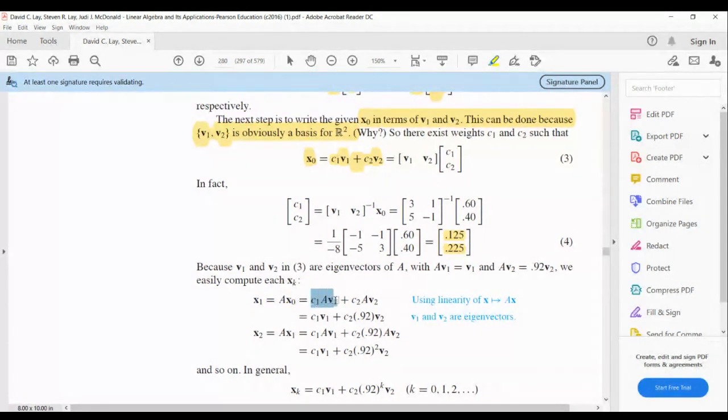So this first part here, C1 AV1. Hold on here, I don't want too much to be here. Let's just see here, one moment.